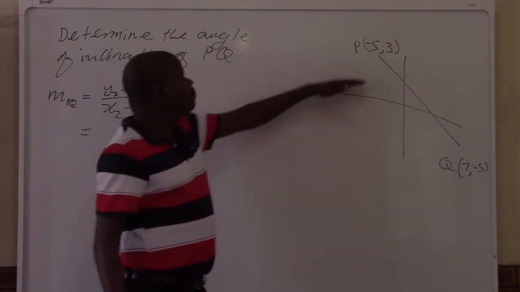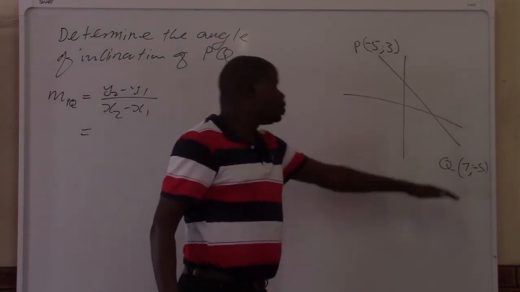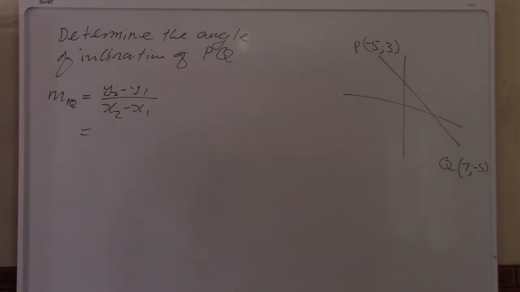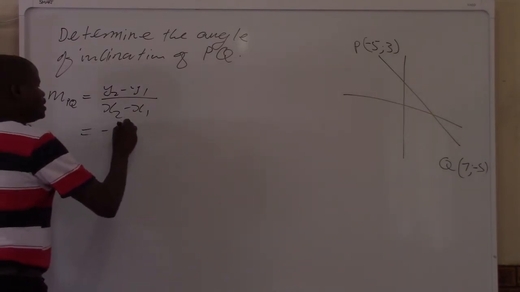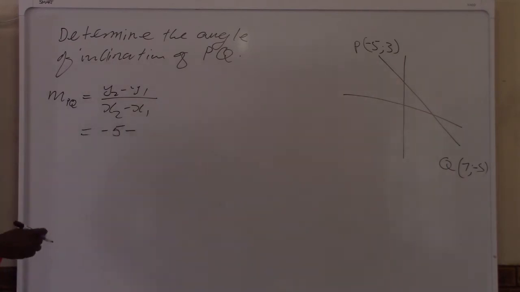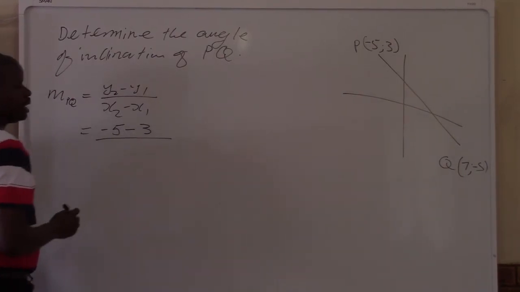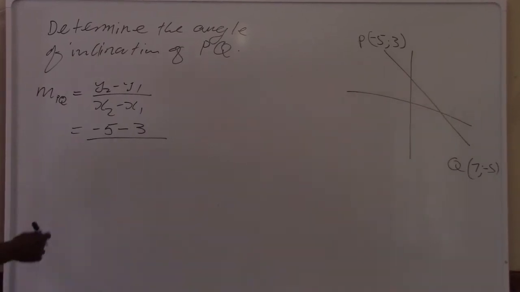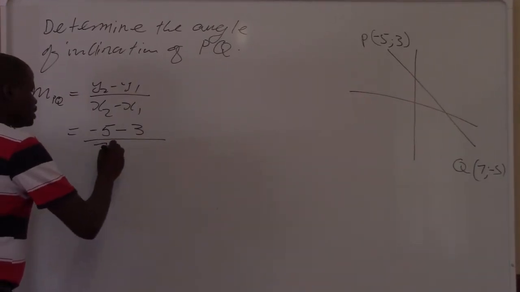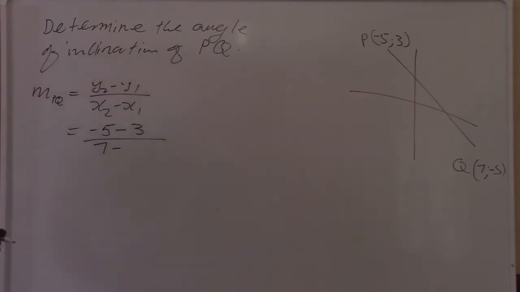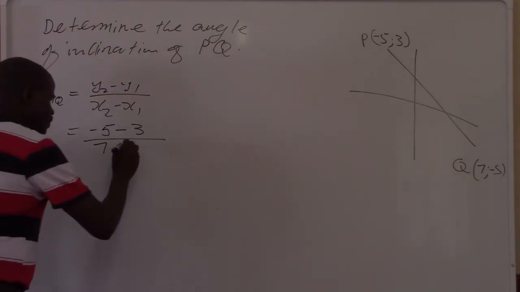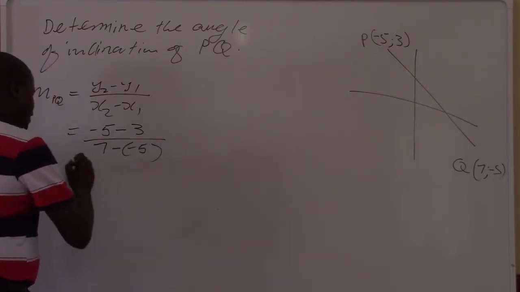Now we can make P the first point and Q the second point. So what is y at P? It is negative 5. So we have negative 5 minus, what is y at P? It's 3. So we say minus 3. And then what is x at Q? It's 7, minus. And what is x at P? It is negative 5. So we are having negative 5.